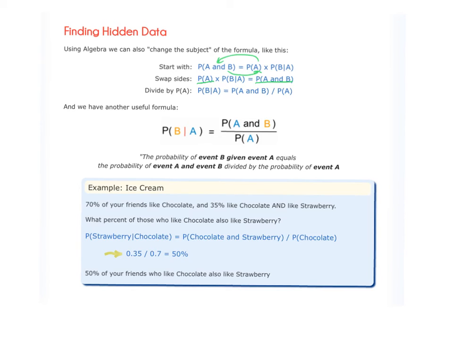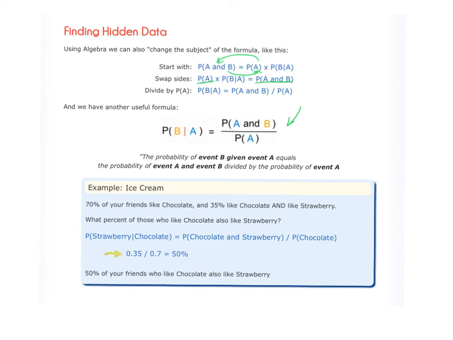So we end up with this formula right here, which is probability of B given A equals probability of A and B divided by probability of A. So it's pretty straightforward. This helps you to get your calculation a little faster.